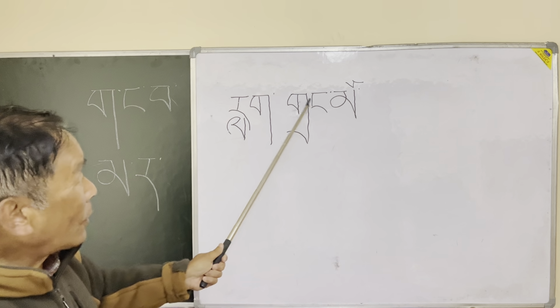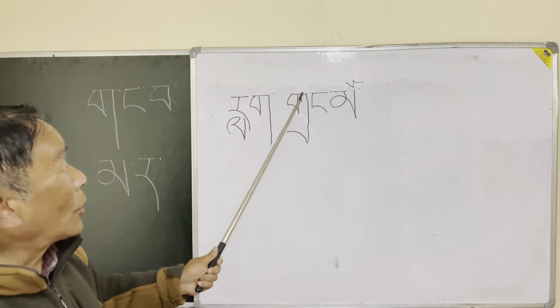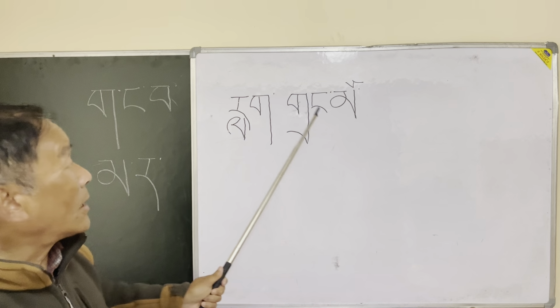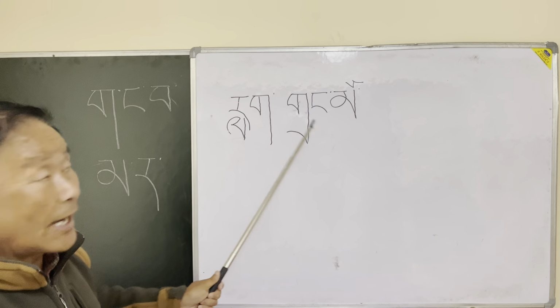So we know that these three should be pronounced together. So ga, rata, da, na, dang. Ga, rata, da, na, dang.